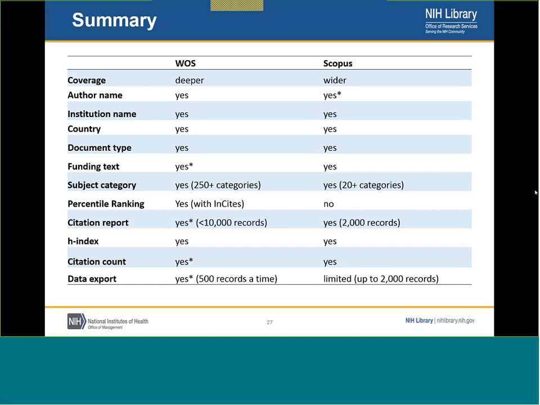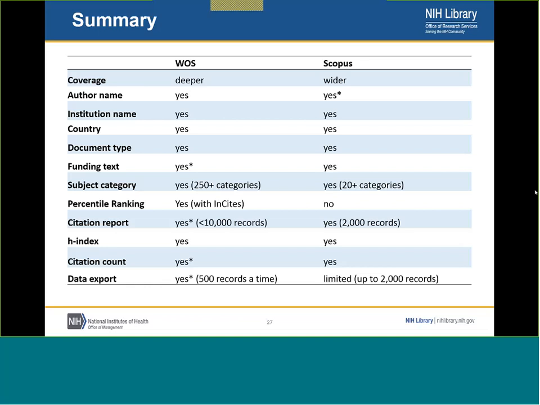For funding text, Web of Science is slightly better than Scopus. For the subject category, Web of Science provides more than 250 subject categories, and in Scopus, it's very broad. It's like 22 disciplines. They also have something that is smaller or more detailed, but you don't get that from their website. I believe you will have to get that either through their API or through their other associated tools.